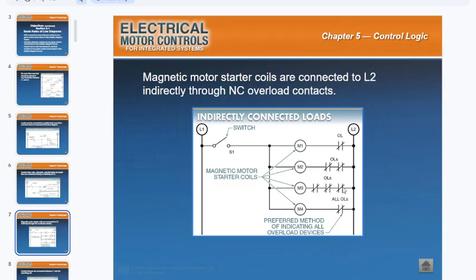Meaning that if M1 experiences an overload and M1 shuts off, then M2 kicks off immediately and M3 also kicks off immediately. In other words, this is a design where if any of these motors shut off, the motor below it shuts off as well. All right, for whatever reason, designed that way.